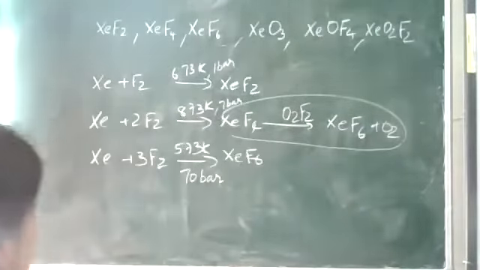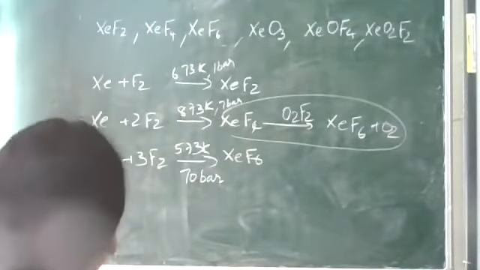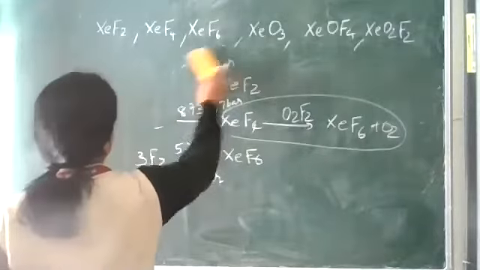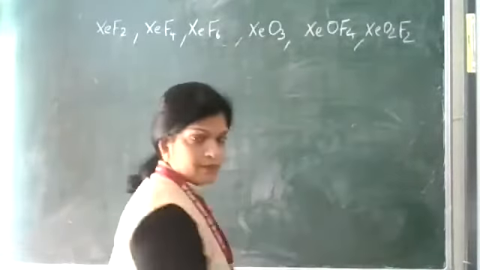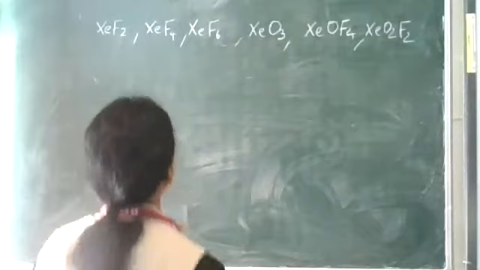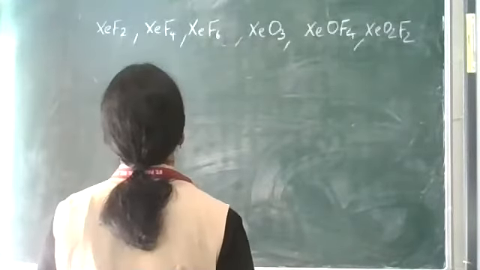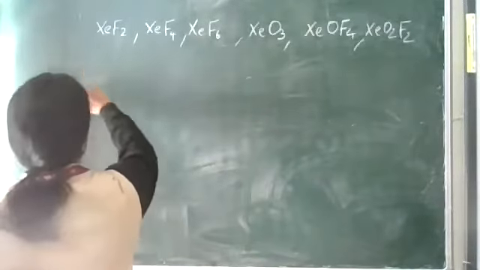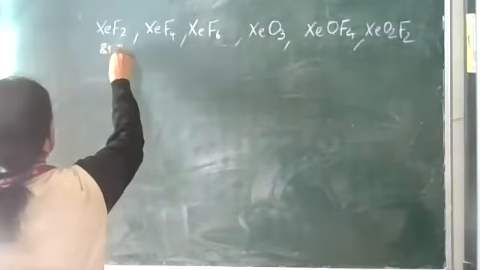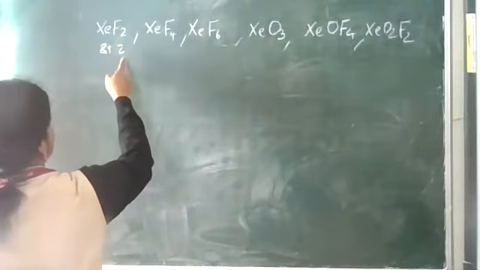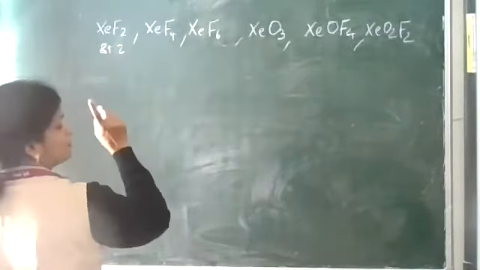Now, what are the structures of these fluorides? XeF2: 8 plus 2, 10, so there are 5 pairs of electrons.